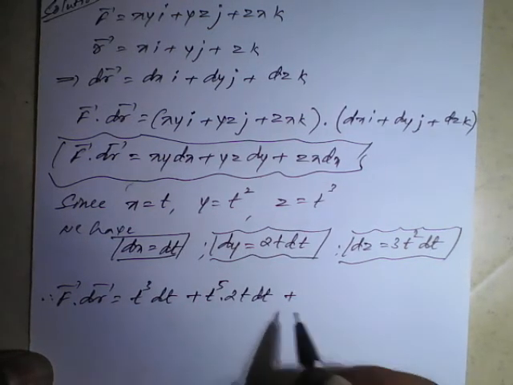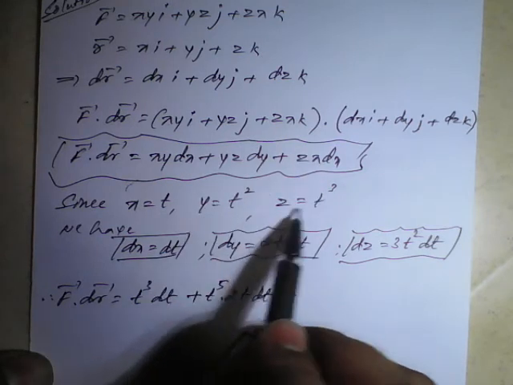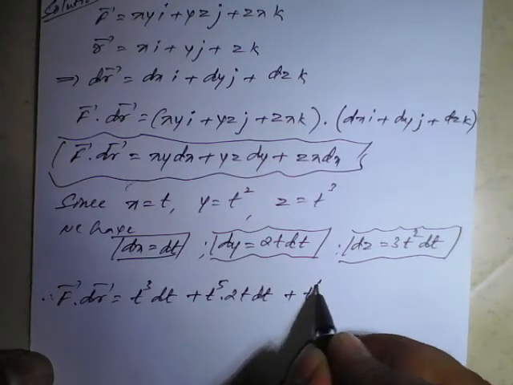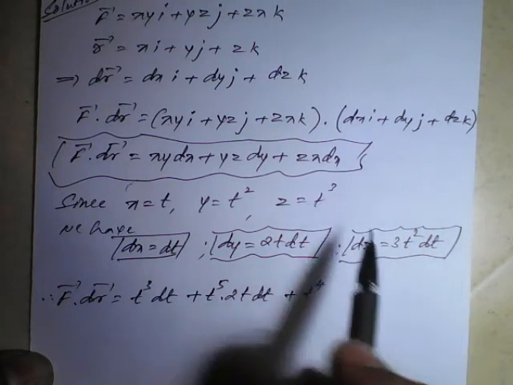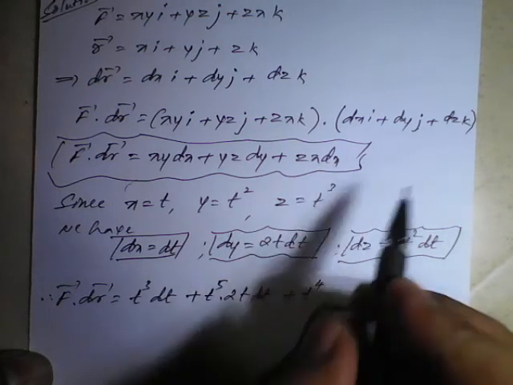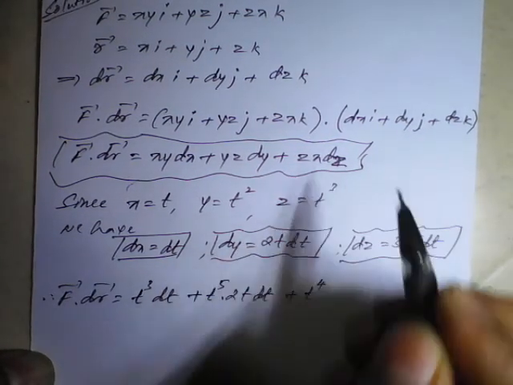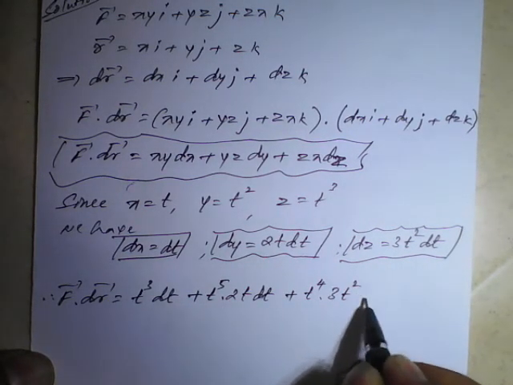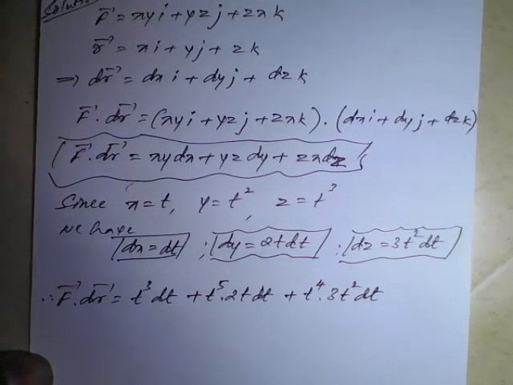Next plus zx, z is t cube, x is t, so therefore it will become t raised to 4, then dz, so dz value is 3t square dt.